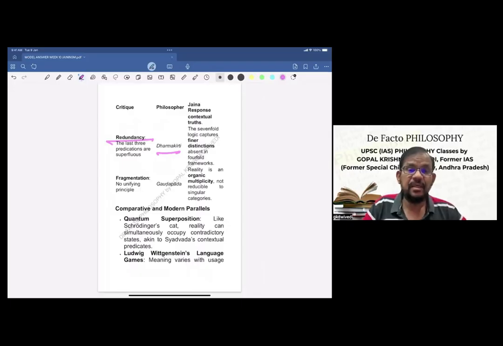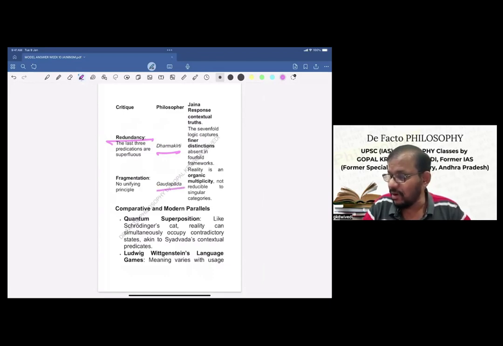Dharmakirti says these last three predications are superfluous. In his opinion they are not required, because the first four cover everything, even if knowledge is taken as relative knowledge. What the Jainas reply is that the sevenfold logic captures finer distinctions absent in fourfold frameworks.